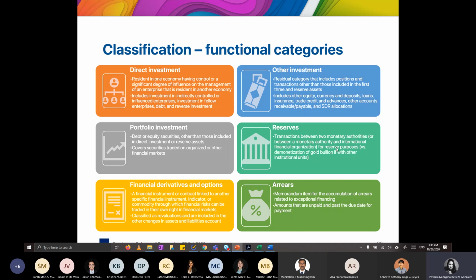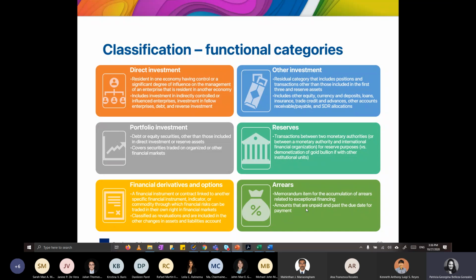And then when it's significant and when data is available, governments also typically include this in their financial accounts. So you have arrears. These are amounts that are unpaid and past the due date for payment. They enter into the financial account when there is, for example, a restructuring of debt or an update in the terms of a certain contract.